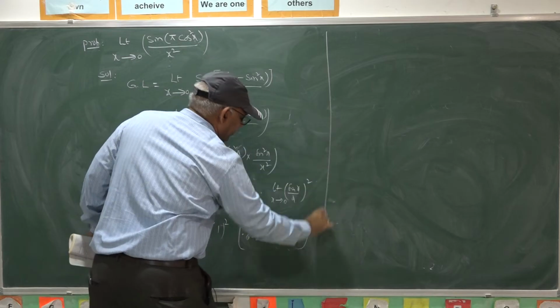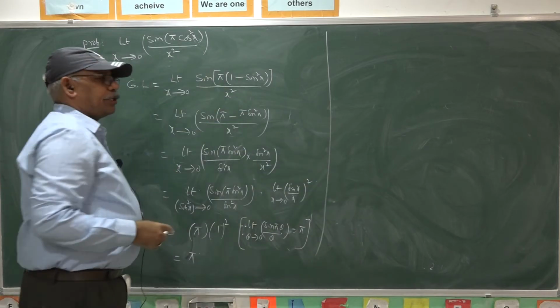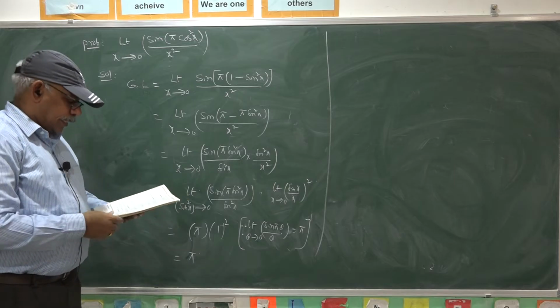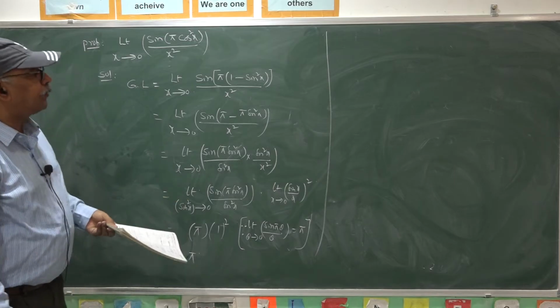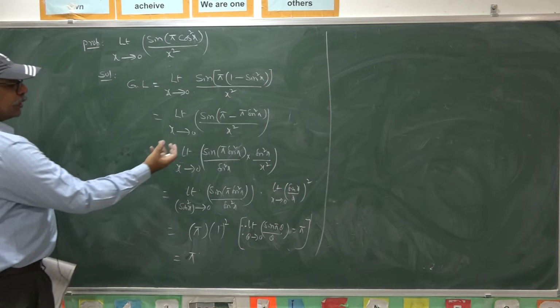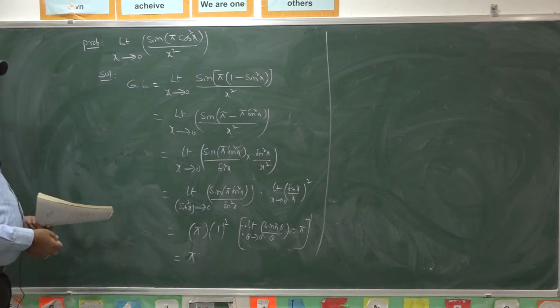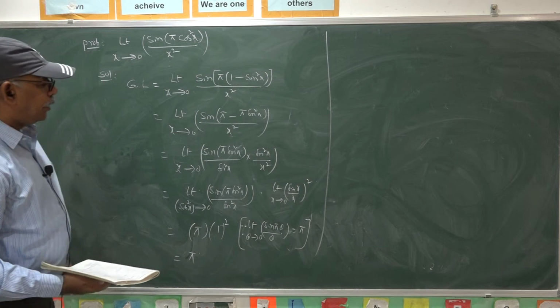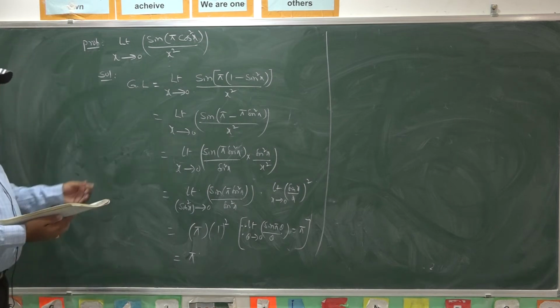By simple modification, you can reduce the given function to the known formula. That should be the thought process here. One should try to evaluate the given limit with that thought process.